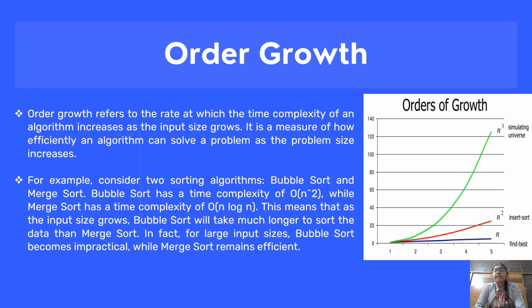Bubble sort has a time complexity of O(n squared), while merge sort has a time complexity of O(n log n). This means that as the input size grows, bubble sort will take much longer to sort the data than merge sort. In fact, for large input sizes, bubble sort becomes impractical while merge sort remains efficient.